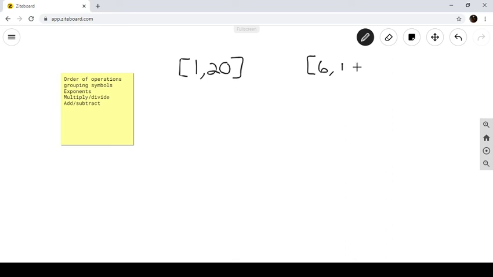No, that's not a good one. 6 through 40. Okay? So what I can do, again, is I can either perform a union or an intersection, depending on what I need to do.